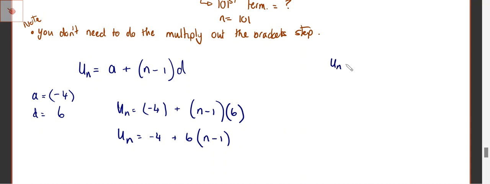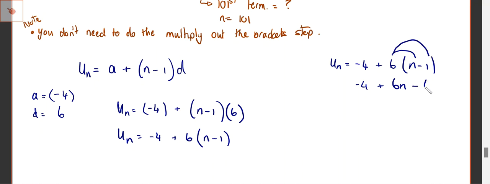But let's have a look. If I did expand it, for those that gave that a go, we would have 6 lots of n, so -4 plus 6 lots of n is 6n, 6 lots of -1 is -6.